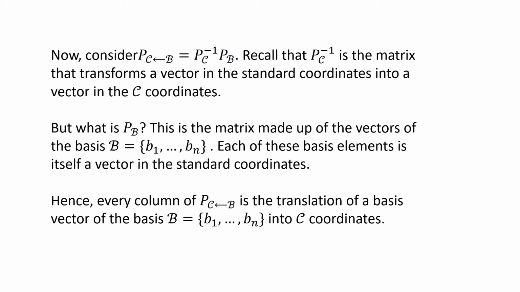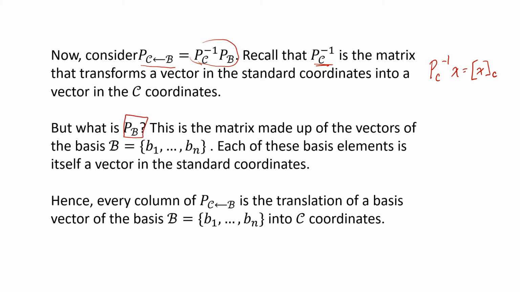Now, take a look at this, P from B to C, which is what we just calculated. Recall that PC inverse is what transforms a vector in the standard coordinates into a vector in the C coordinates. That's using the equation PC inverse times x is the coordinates of x relative to C. But what is PB?